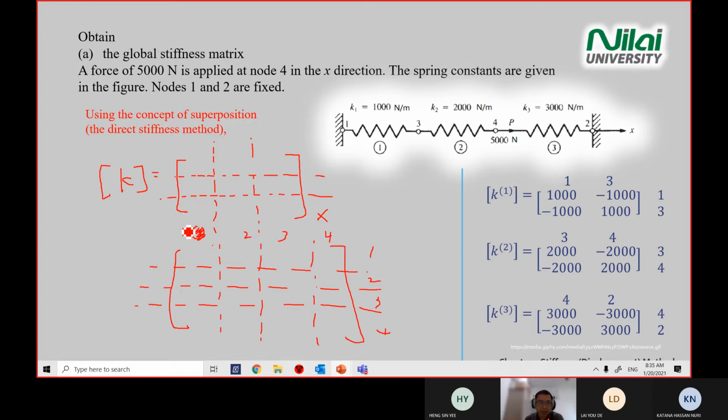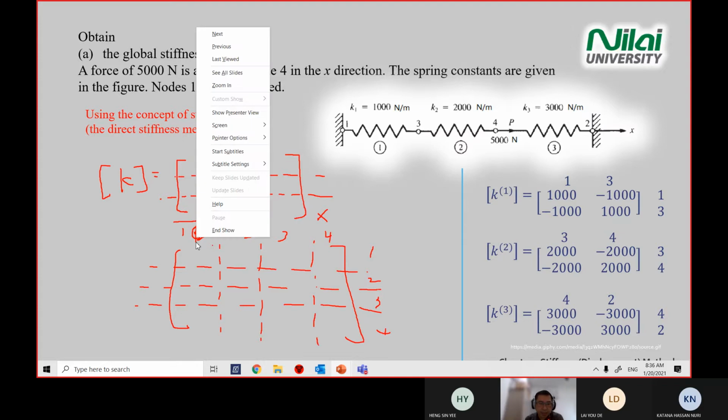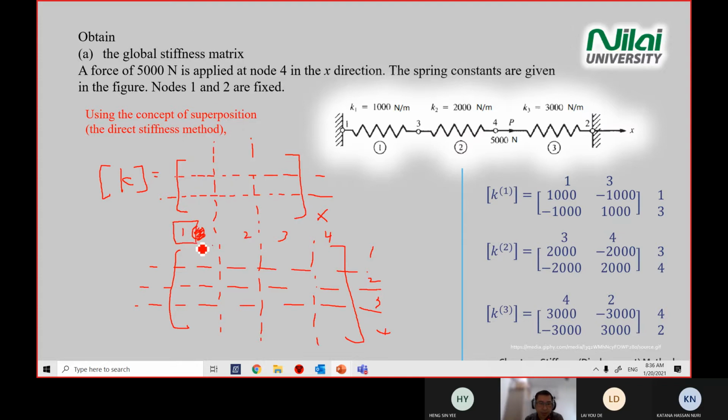I make a bracket here: 1 and 1. How do we fill this section? You go to the individual matrices, you look for 1, 1, and there's no other 1, 1, right? So 1, 1 is an intersection point of this one. So you copy 1000 into this location.